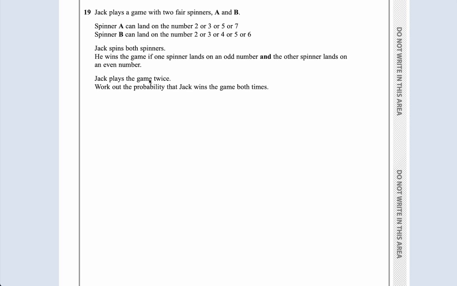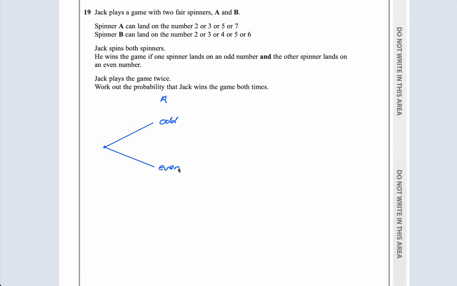Right, certainly not an easy question, guys. You don't have to do this, but I would draw a tree diagram, because we are going to spin A and B. Now spinner A can land on an odd number or an even number.